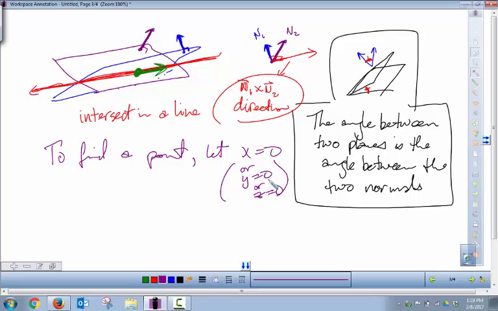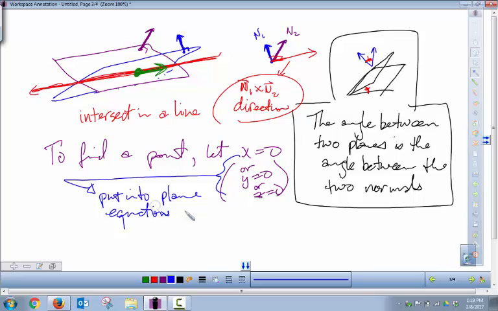We put this back into the two plane equations and solve for the other two variables. So we'll let x equal 0 and get y and z from the equations of the planes, or let y equal 0 and get x and z, or let z equal 0 and get x and y.